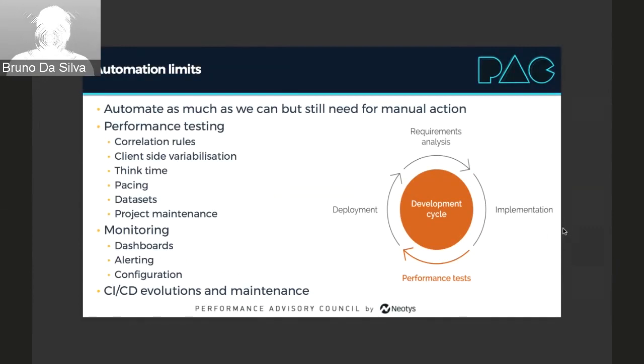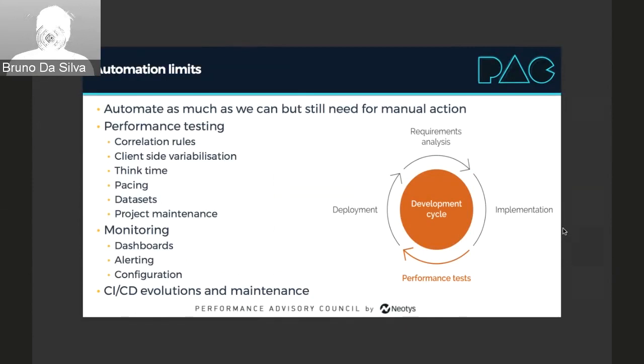Same goes more or less for monitoring. You want to make sure you have all the metrics you need, and it may require a certain effort in configuration, both for your alerts and reporting.